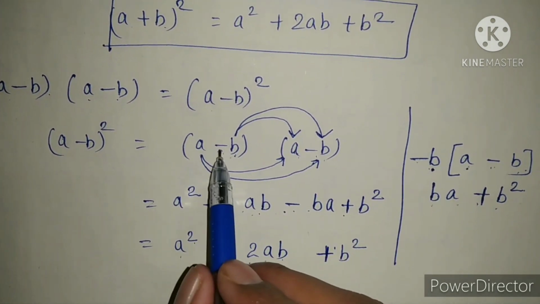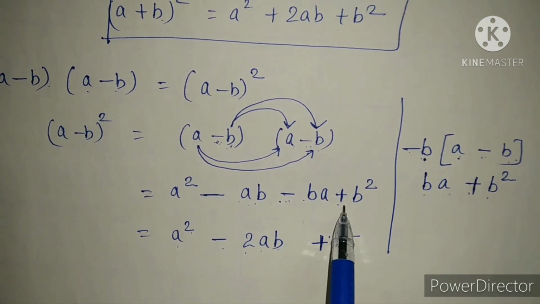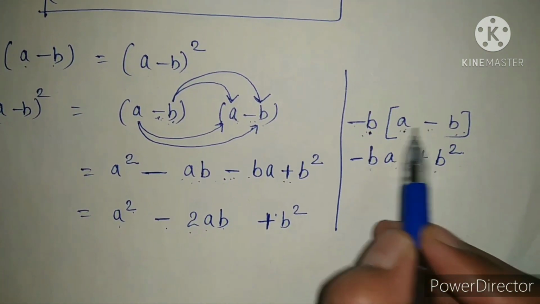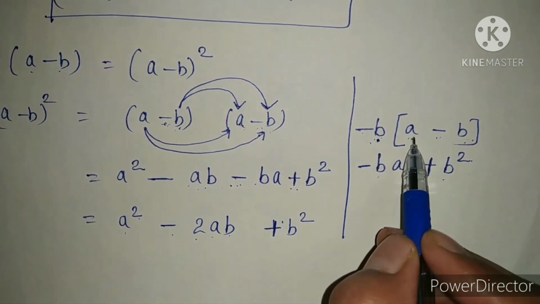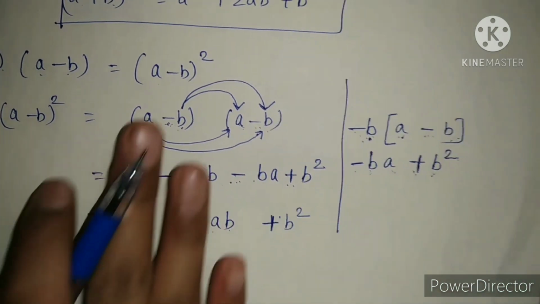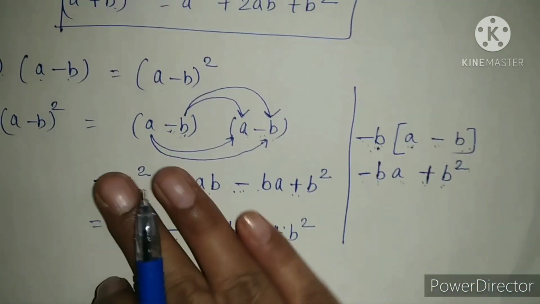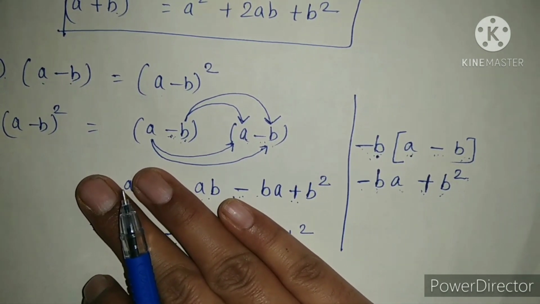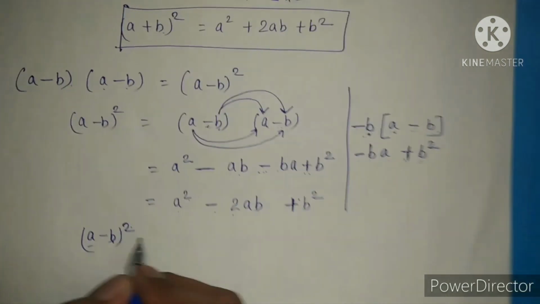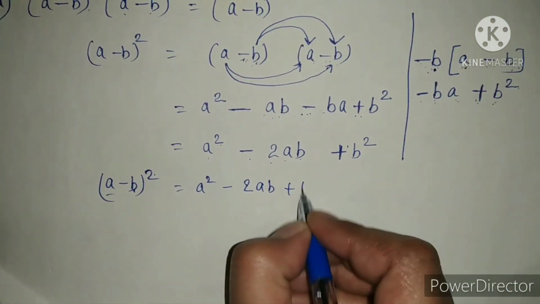Same, minus b multiplying by a minus b, so minus ba, and minus into minus is plus b square. This you can see I have put here, minus ba plus b square. So our second identity is (a minus b) square is a square minus 2ab plus b square.